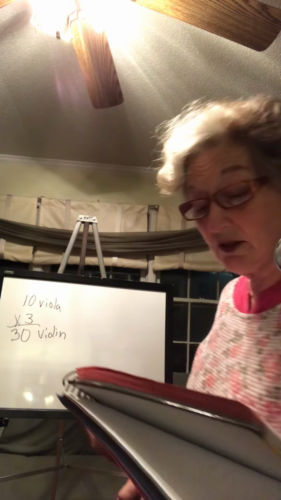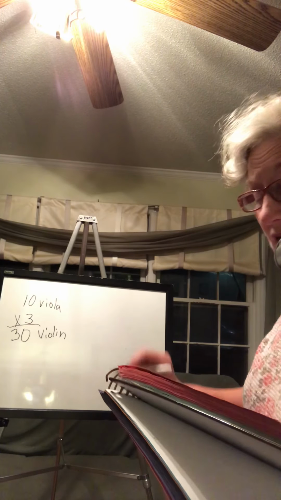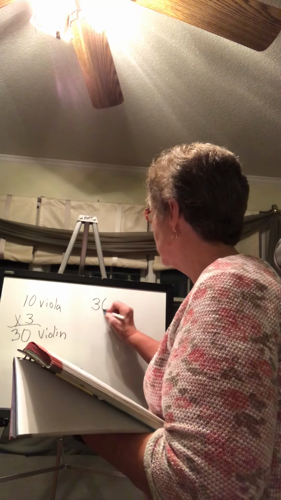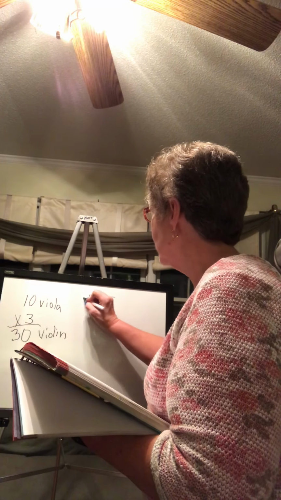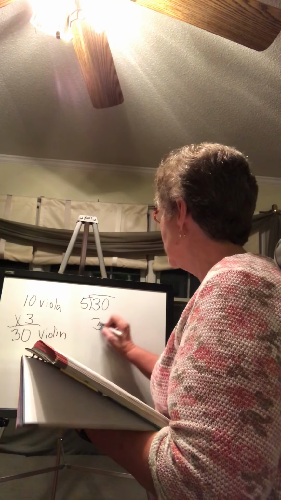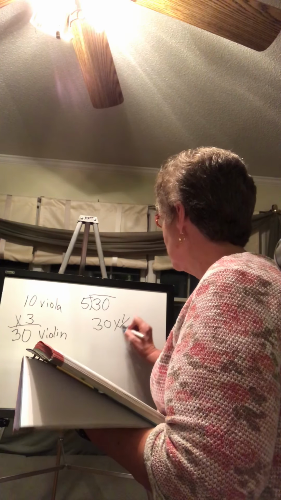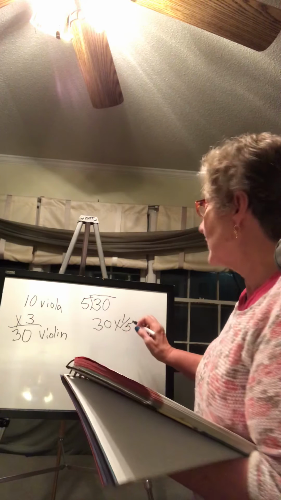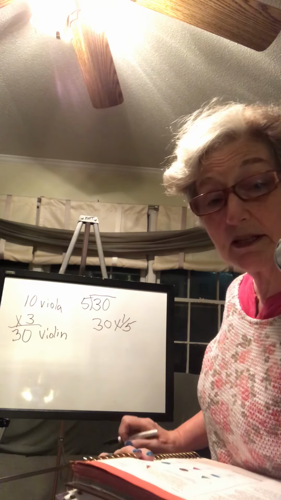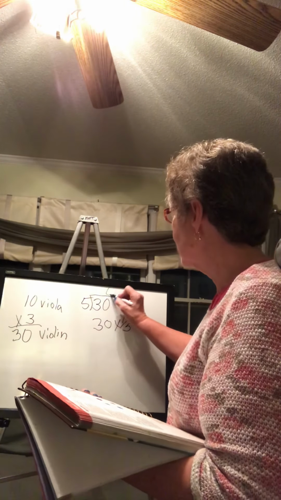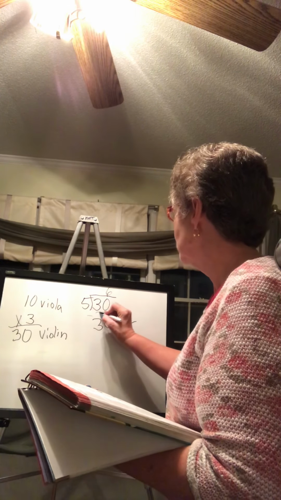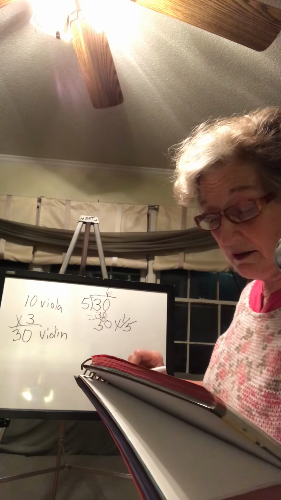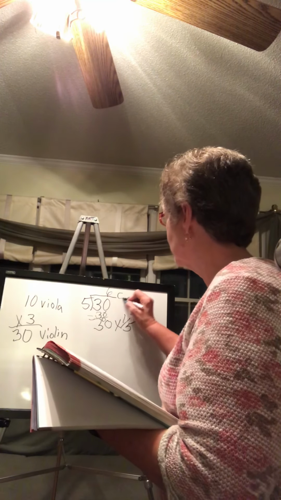Now, she has 1/5 as many cello students as violin, so that would be 30 divided by 5, or 30 times 1/5. So how many times does 5 go into 30? It would be 6. So she has 6 cello students.